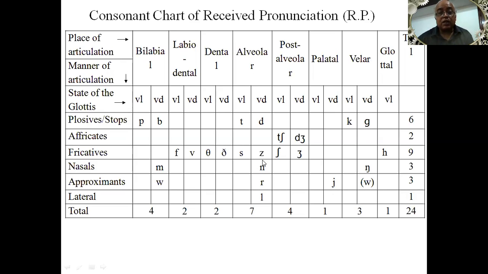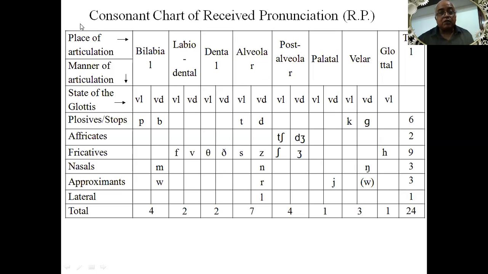The next nasal is N. N is also voiced, because the vocal cords in the glottis are held closely together. When the air passes through, there is a lot of vibration in the vocal cords.